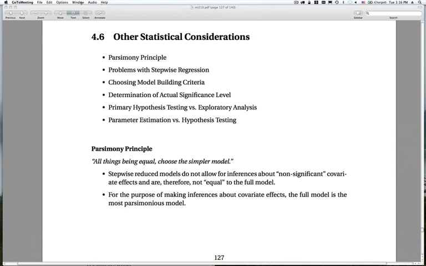Okay, so if following the full model, you see a covariate effect not previously tested being significant. So I'm assuming that you're doing some additional exploratory testing there. So you've pre-specified a full model, and then you might fix that model and do an additional stepwise, and you see something significant.